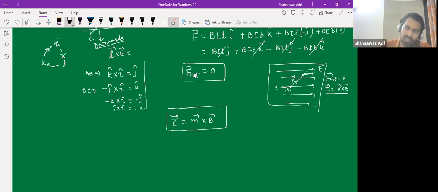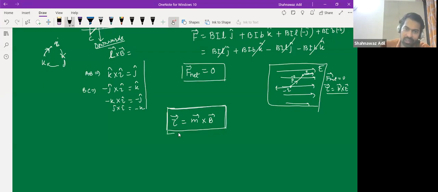Net force would be 0, but there would be a rotational effect. So this loop will experience some torque and will rotate through some angle, either in this way or in this. This is what we use in the dynamo generator and similar things. So this is what we call the torque on a current carrying loop. Is this clear, guys?